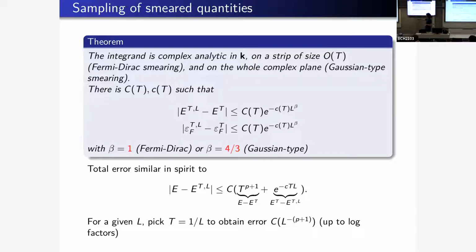But since this is exponential, as long as you go a bit faster than 1 over L, it works. That's interesting. You rigorously show that it's actually not a bad strategy at all.